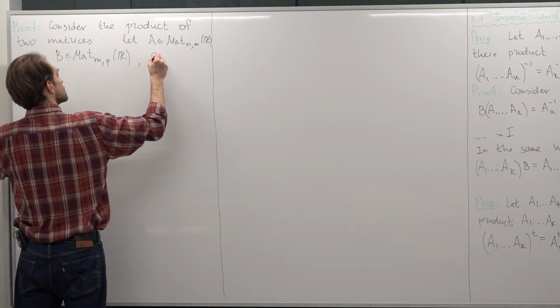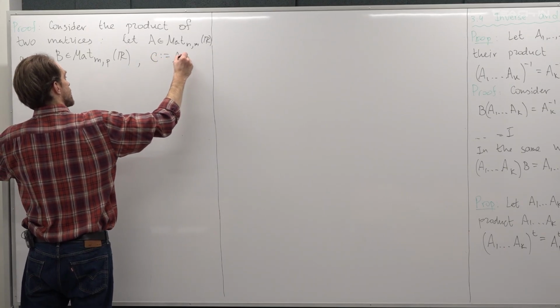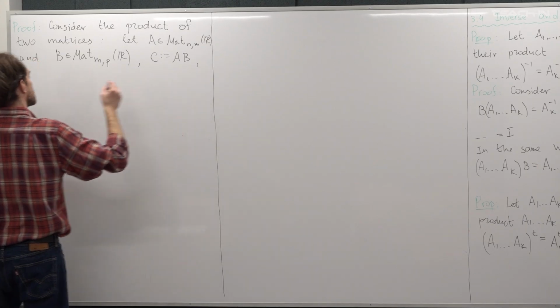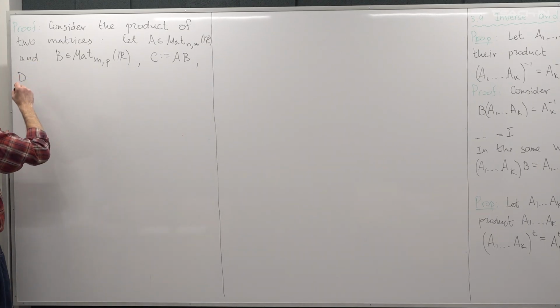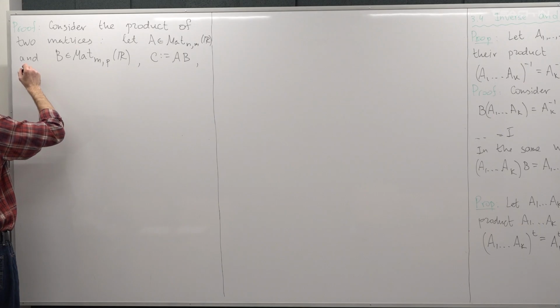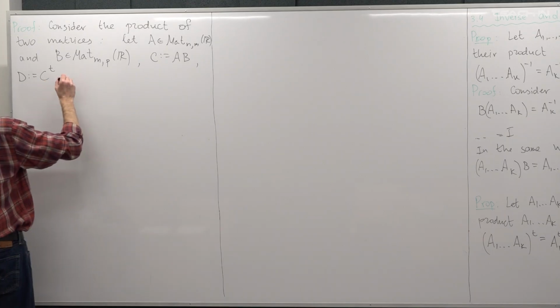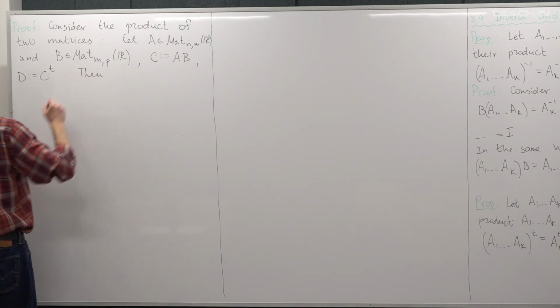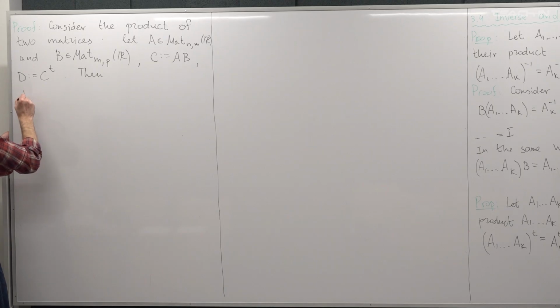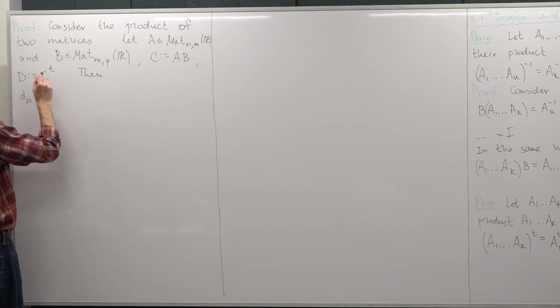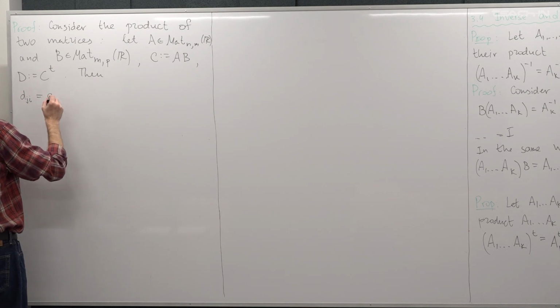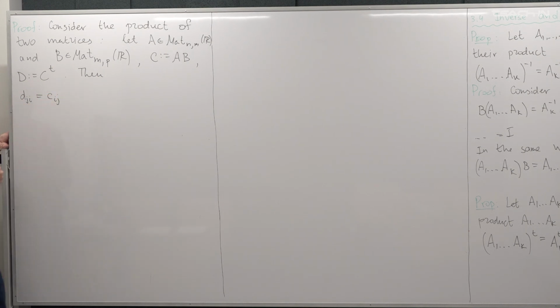So C would be the product of A and B, and D would be the transpose of C. So then, what is the jth ith element of the matrix D? Since it's C transpose, it is C sub ij for every pair of i and j.